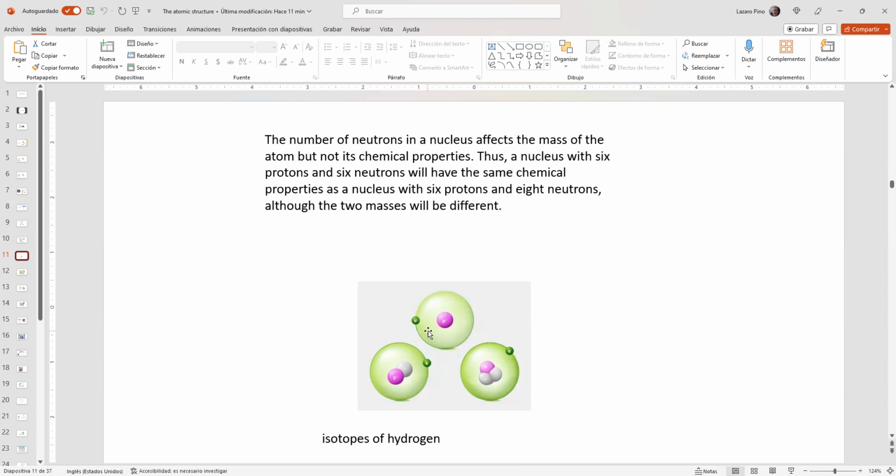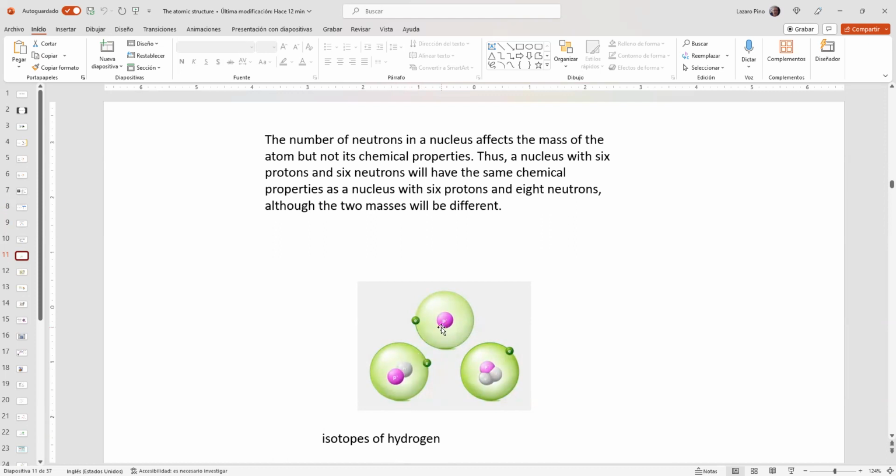Even though we say that we have an element with a specific name, we can find different types of atoms. The difference is the number of neutrons, because the number of protons is always constant for a type of element.